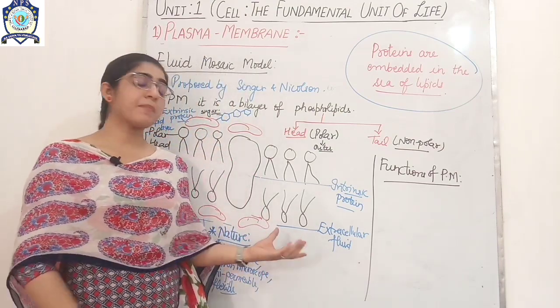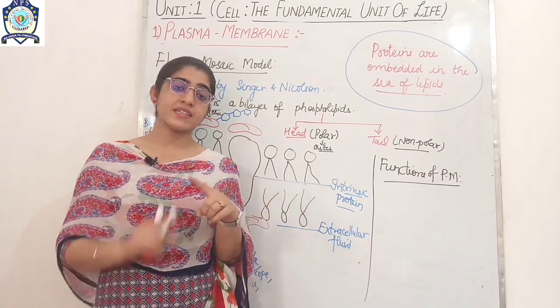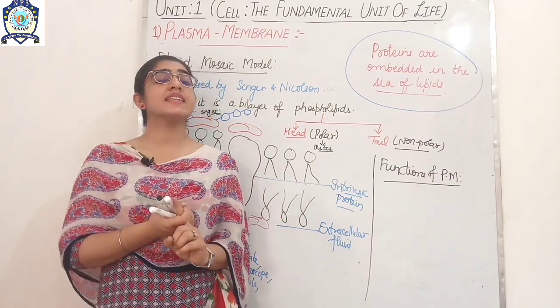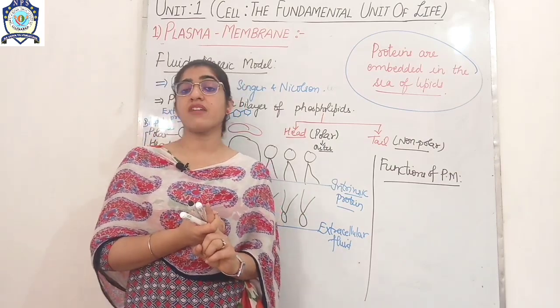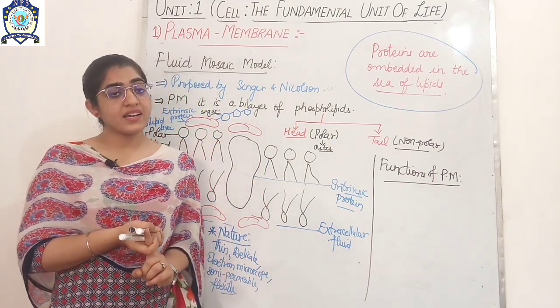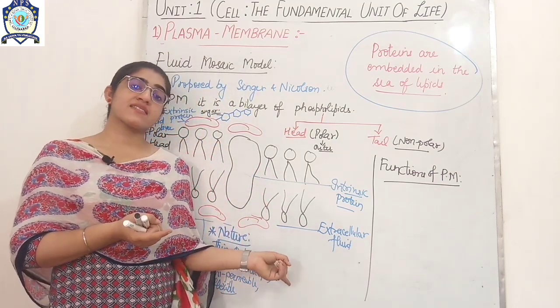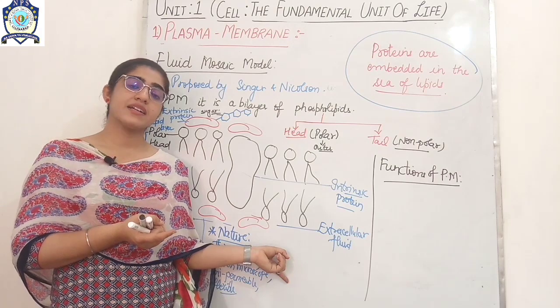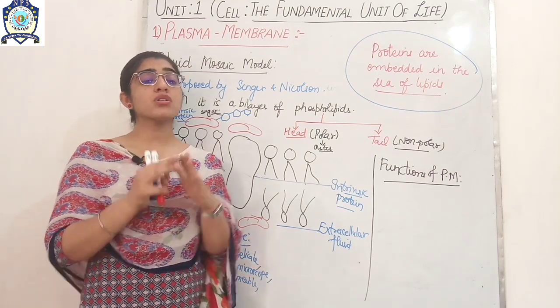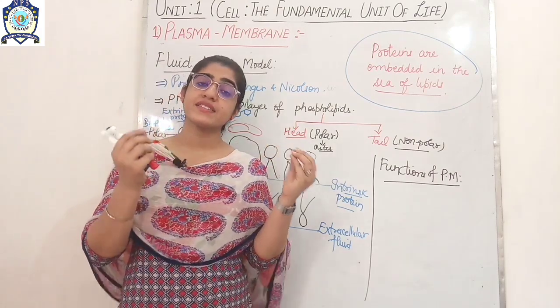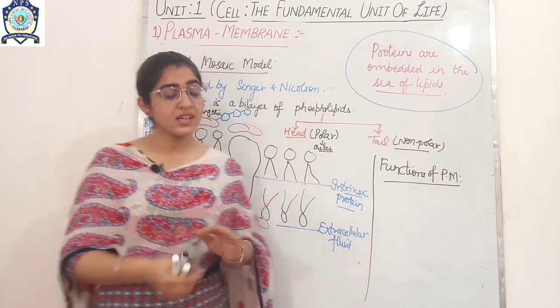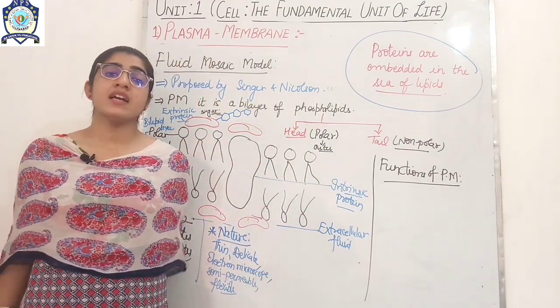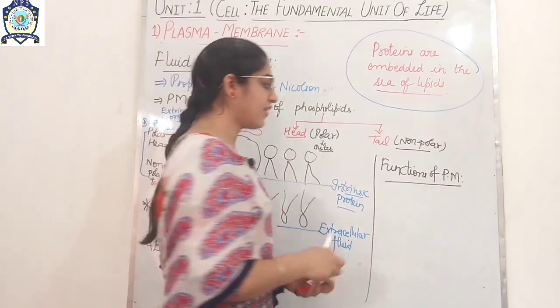Also we can say plasma membrane is present on the outer surface, then it protects the cell from external shock or from damage. It also combines different cells. Is that clear? So again I am repeating the first function as we have discussed.